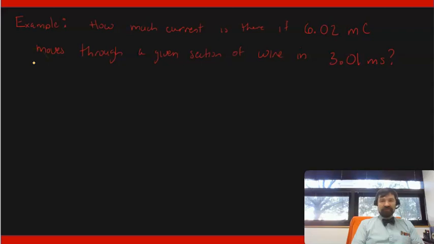I think we'll spend a little bit of time doing some quick examples to close out this video. Our first example is fairly straightforward. We want to know how much current is present if you have 6.02 millicoulombs worth of charge moving through a given section of wire in 3.01 seconds.